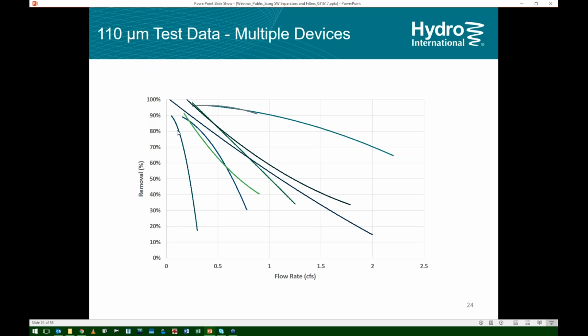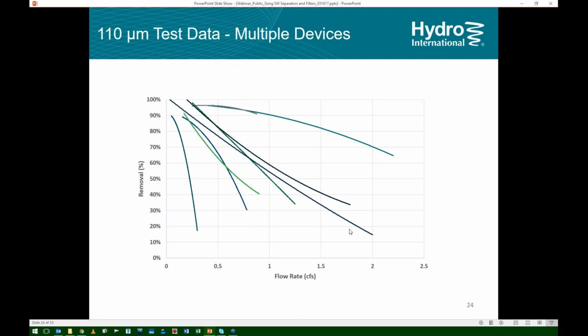So they all tend to converge down to a similar sort of removal. So as you pull the average flow rate down through a net annual calculation, everything converges. And so you'll get very similar sizing, 4, 5, or 6-foot unit.